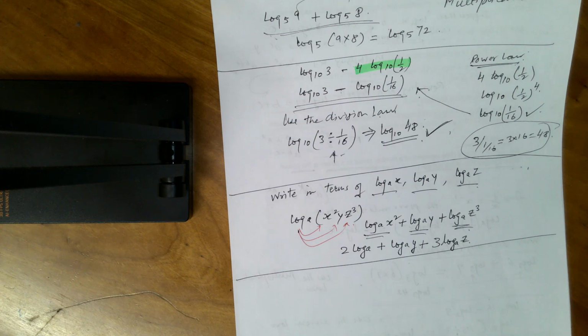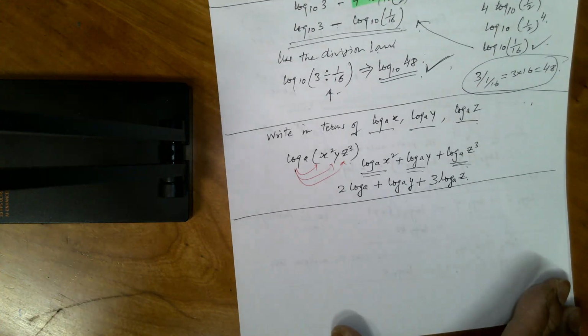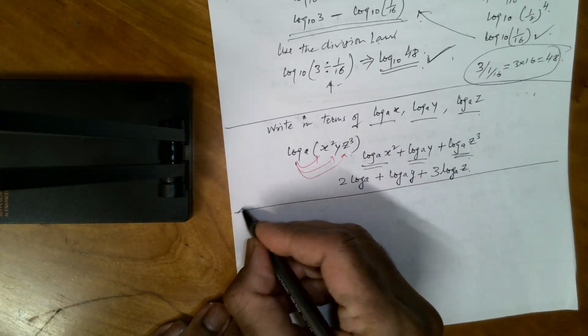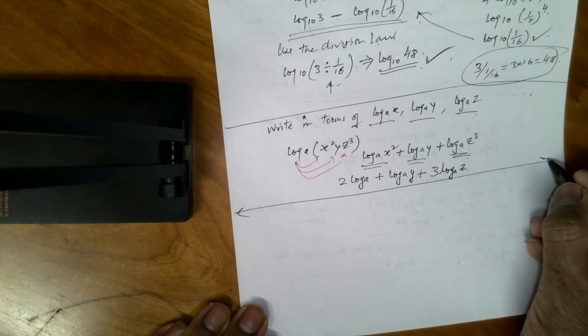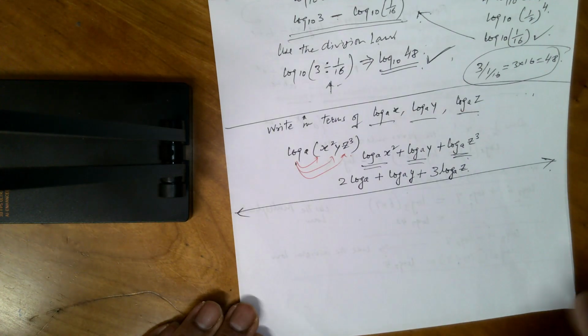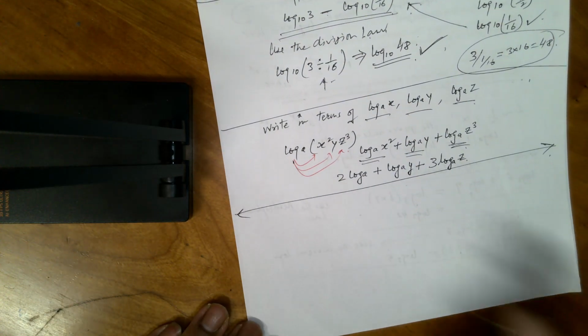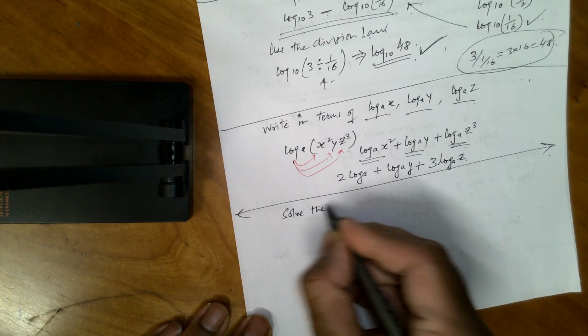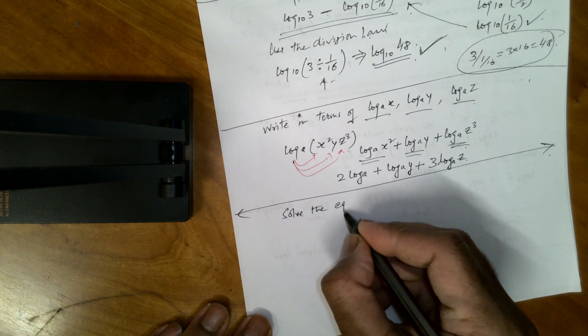Okay, let's move on to some exam type questions as well. In an exam anything can come, a bit complex. Let's see some examples carrying good marks in the exam. So in this one, we'll say solve the equation.